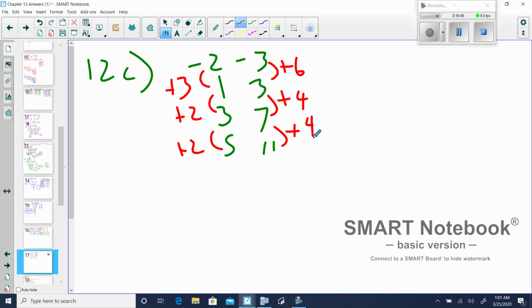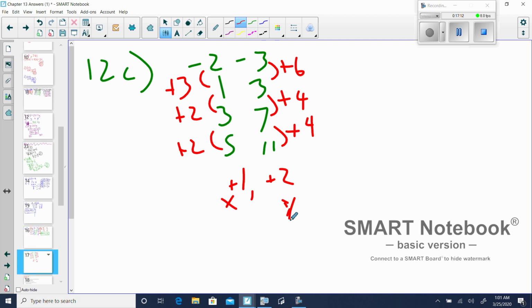And from 7 to 11, we're going up 4. So it looks like if I'm going up 4 for every 2 that I'm increasing on my x, every time I go up 1 on my x, my y's are going to be increasing by 2.